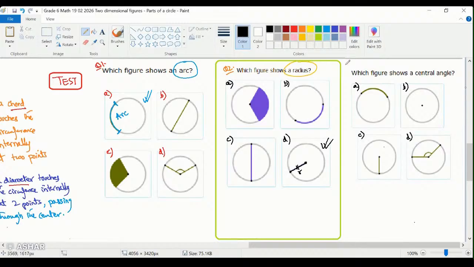A, B, C, and D. For question number 3, they're asking us to find the central angle. The angle has to be between, whenever we need to find the central angle, we look at the shape which has an angle on it. Question number 3, which option should be correct?